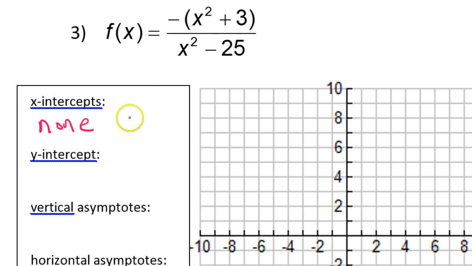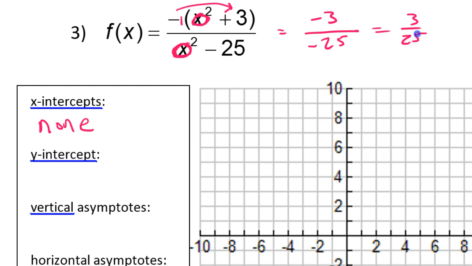To find a y-intercept, just substitute 0 for x. So if I put 0 here and here, so those are gone. So that's going to give me, I've still got this -1 here, so that's going to give me -3 over -25. So that's just going to be 3 over 25.